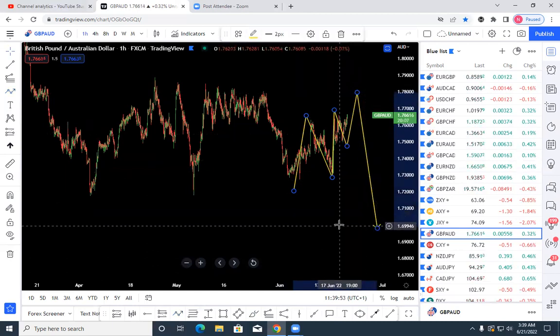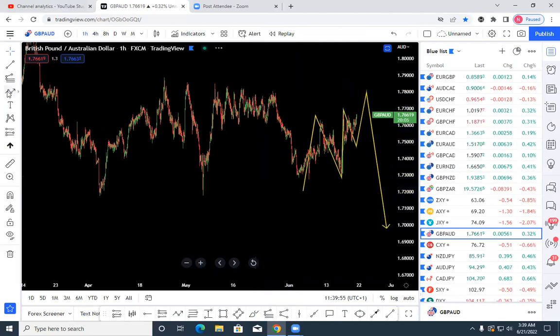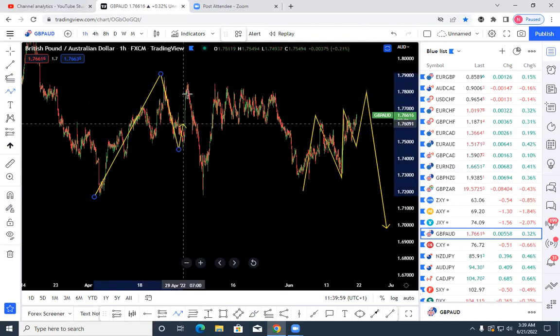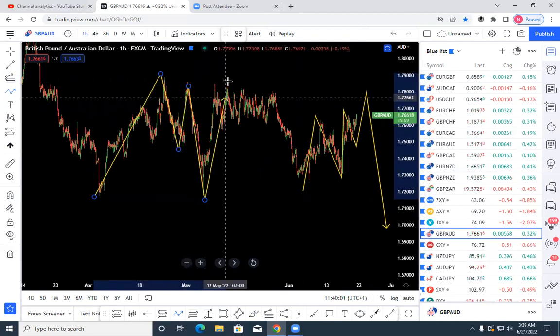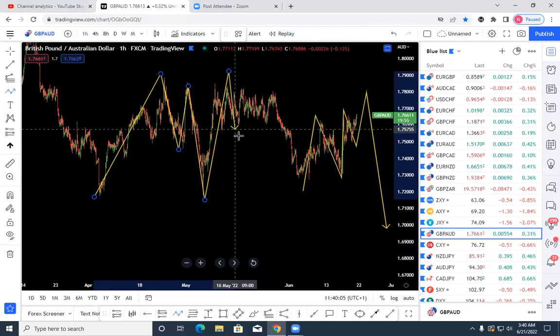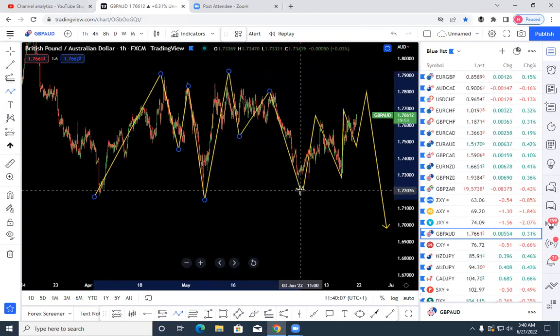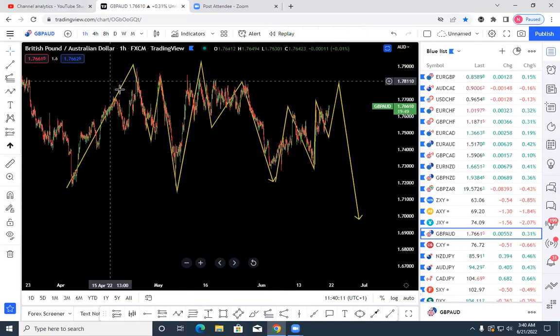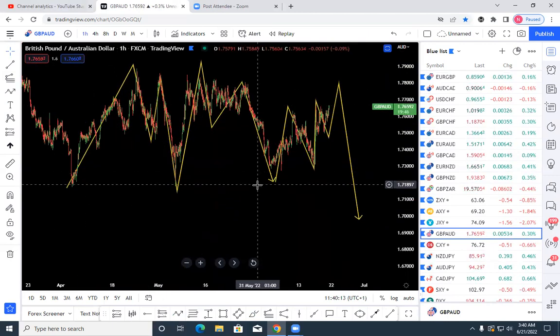Coming down like this, so that here you have an impulse, this 1, 2, 3. So this becomes 3 waves up, and 1, 2, 3 waves down. So you have W, X, Y, X, Z. No, it's wrong.